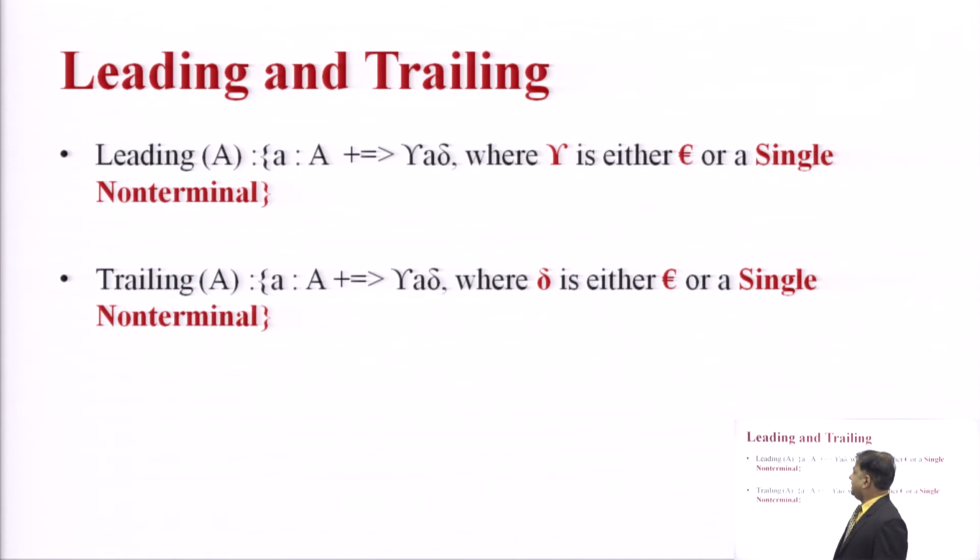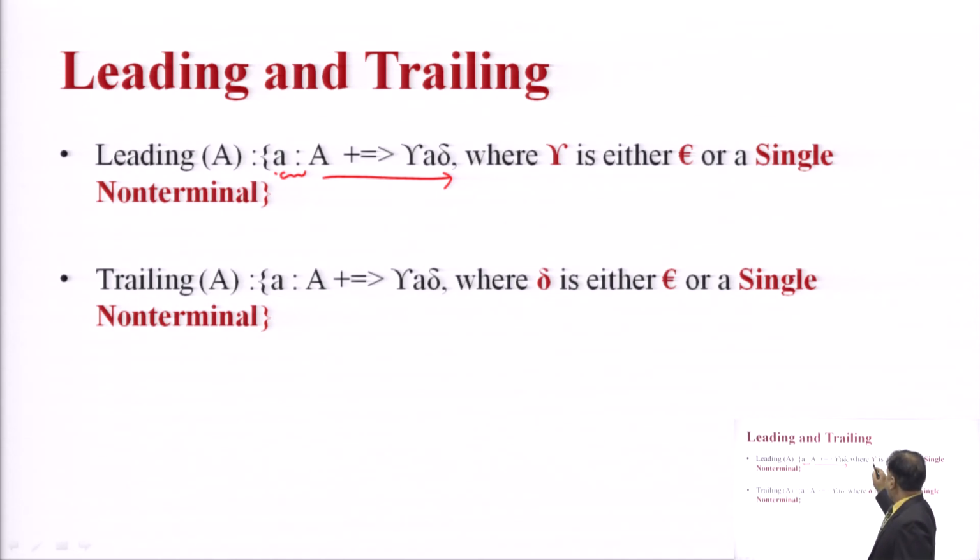The leading of A is defined as the set of terminal symbols such that there is a production like A derives in multiple derivations gamma a delta.